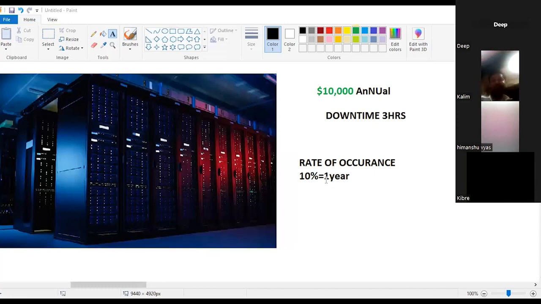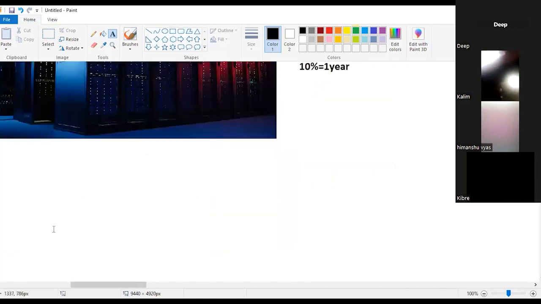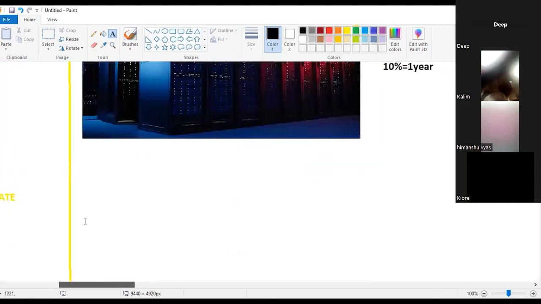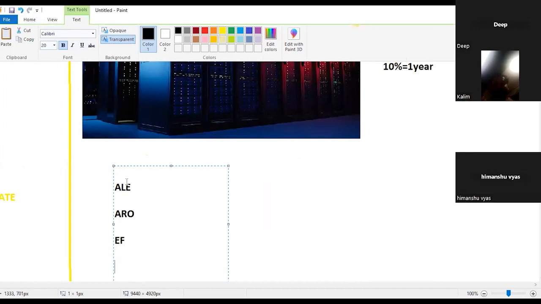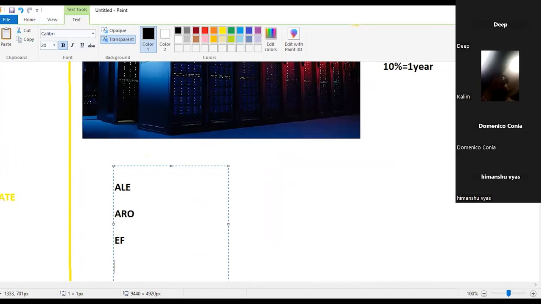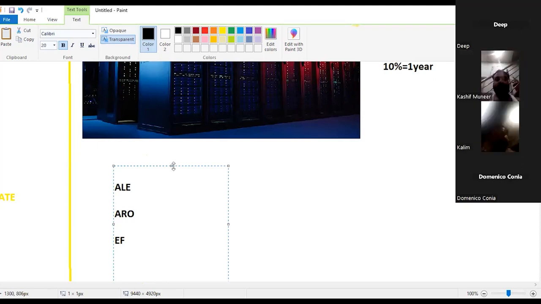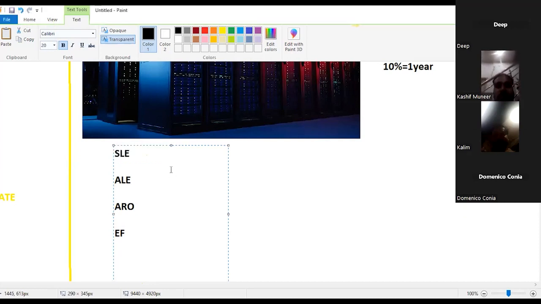So I'm going to give you the terms: single loss expectancy, annual loss expectancy, ARO, EF, exposure factor, and asset value.